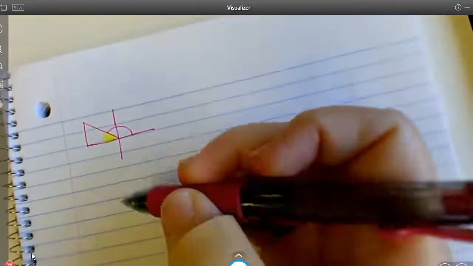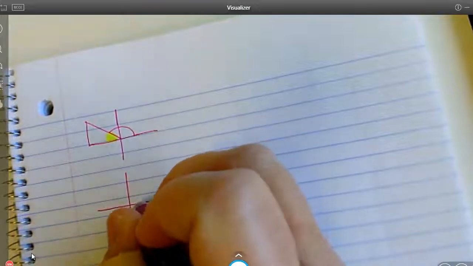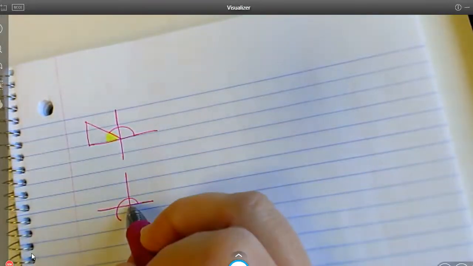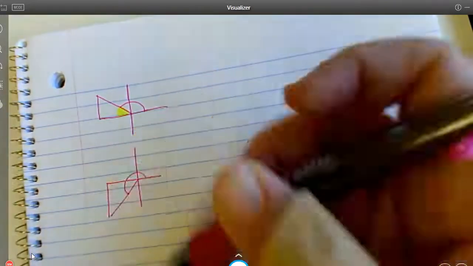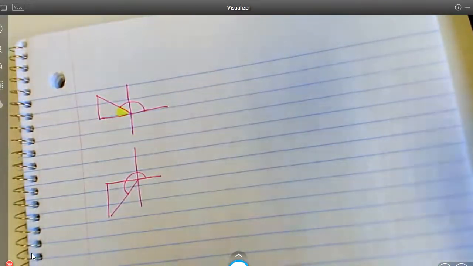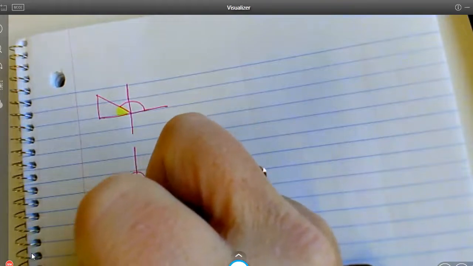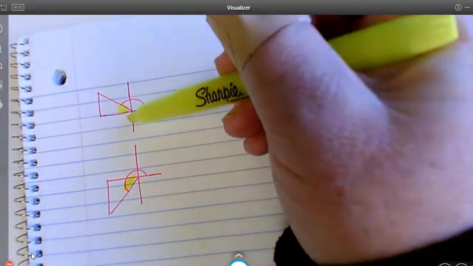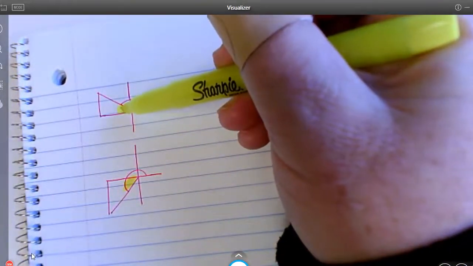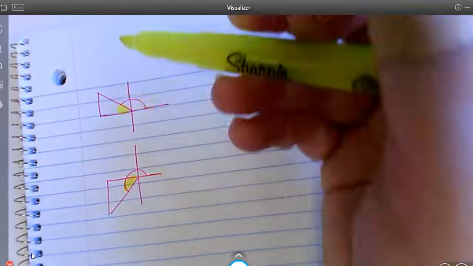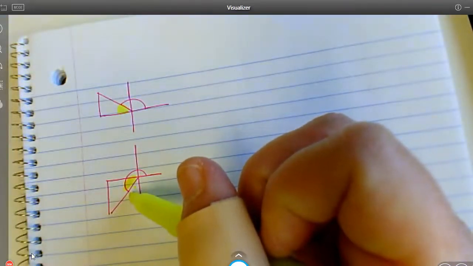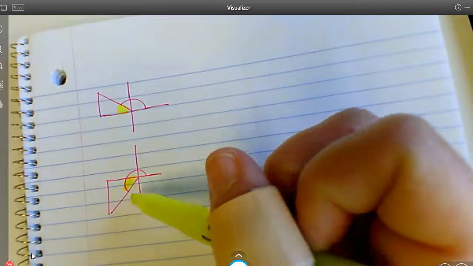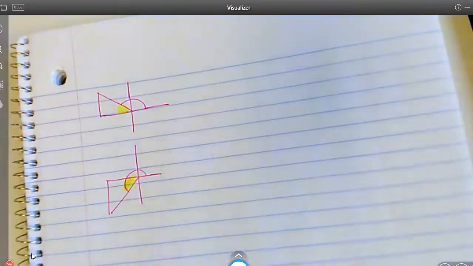If the angle fell in this quadrant, and you draw your little line, you still draw a triangle, and the angle it's asking you for is the angle in that triangle. Notice in this triangle, it was what was left over to get to the next line. This one was how much it went over after that line. It's not always just the gap. It's the part with the x-axis.